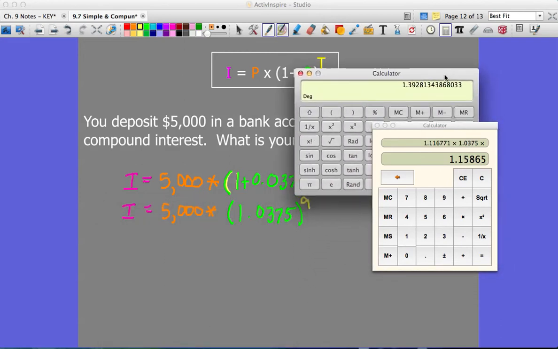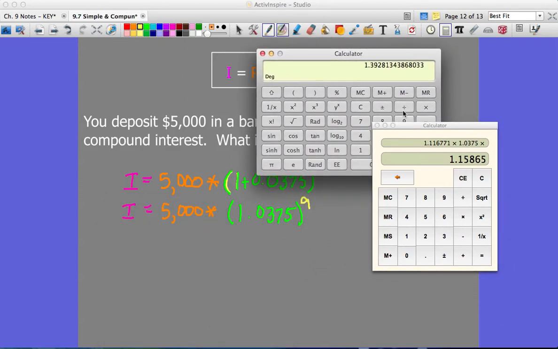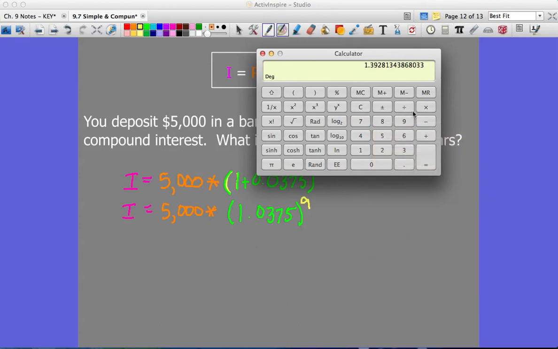And then I would take that number and I would multiply it by 5,000. Okay, so my interest after those 9 years will be $6,964. And since it's money, we have to round to the hundredths place, 7 cents.